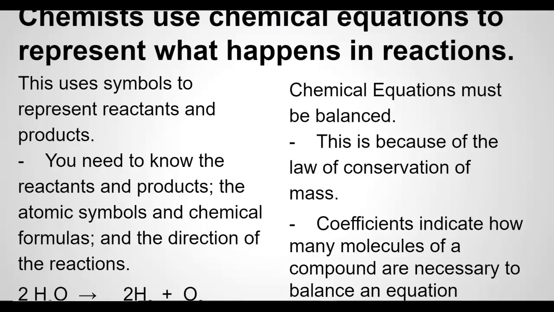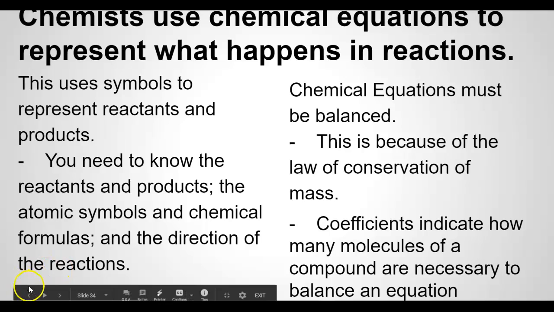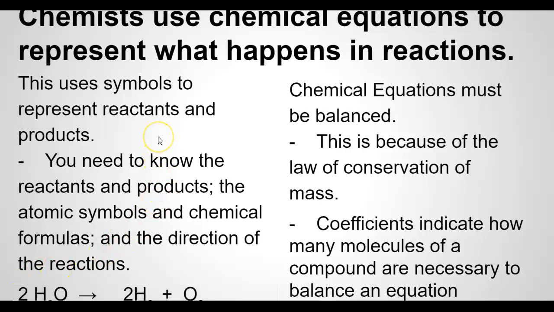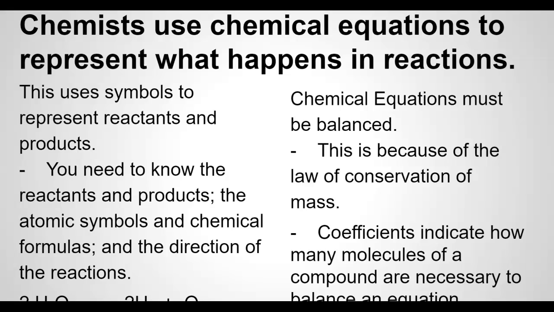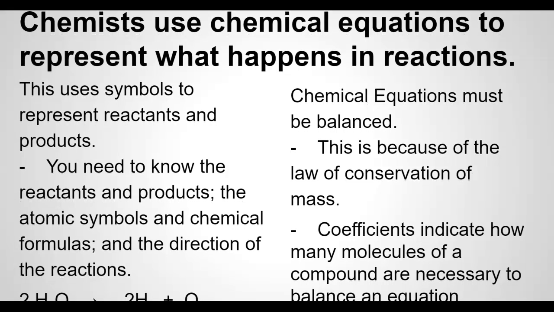You can see here at the bottom, the coefficient in front of the water is a 2. That means it's 2 water molecules. That tells you how many molecules you'll have, or it can tell you how many of an individual atom there are. You cannot change subscripts when you're balancing equations. You can, however, change coefficients to balance equations.